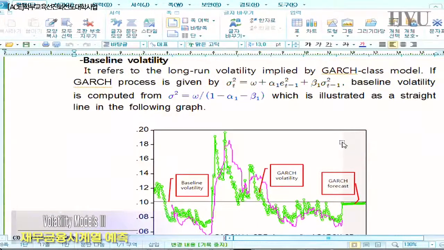Because here you are slightly below this long-term average line, it's moving slowly upward, right? And then it eventually converges. So you get the feel, right? So you can do this exercise using interest rate, using exchange rate.